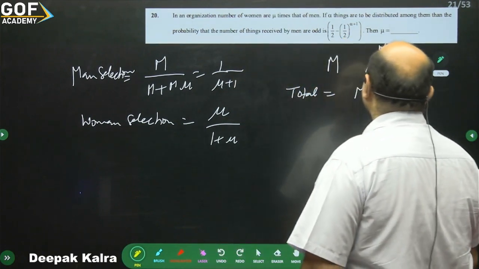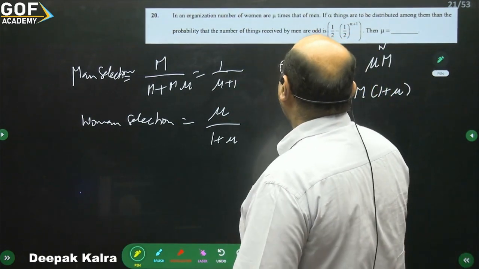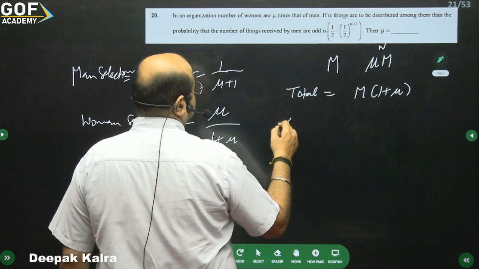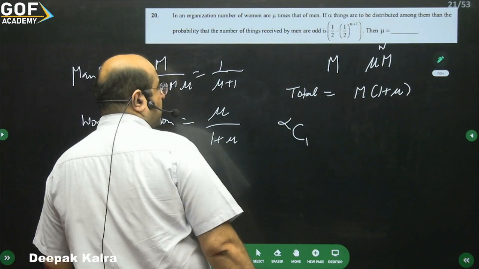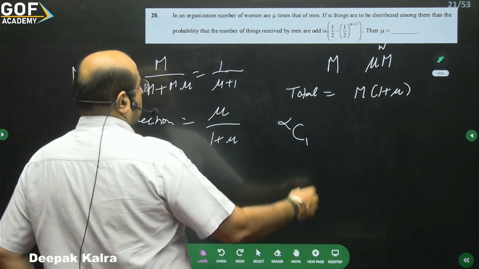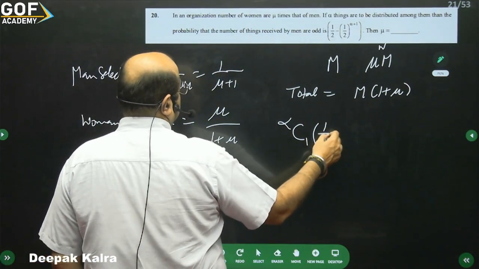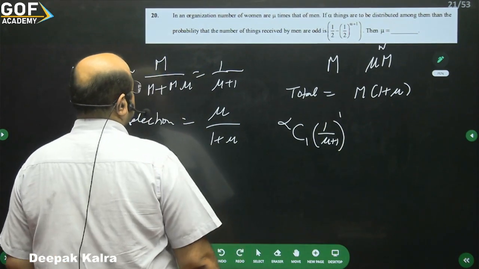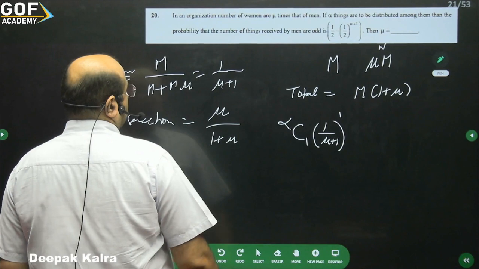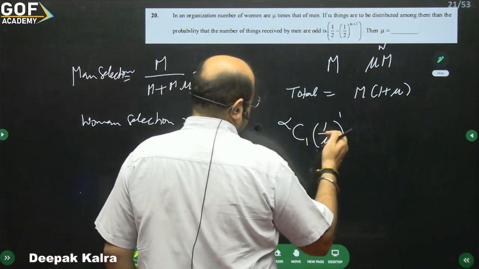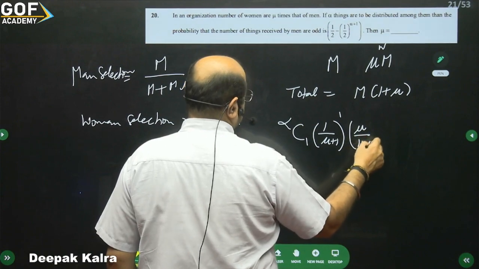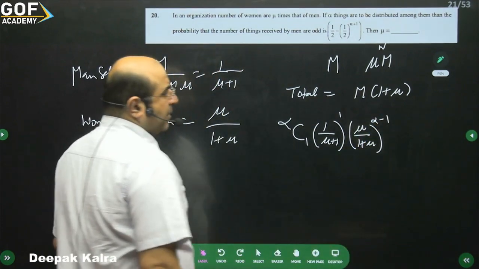So odd number of things means out of alpha, either one object is to be given to a man. So 1 by mu plus 1, and the rest will be given to women.